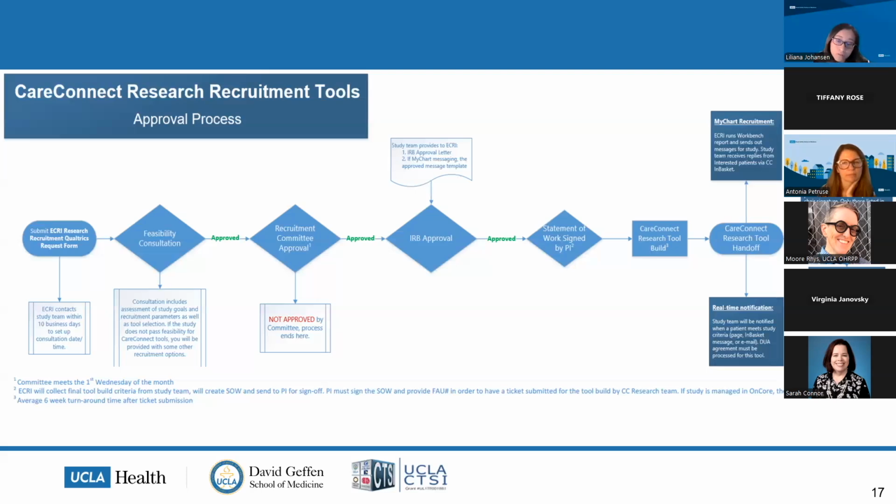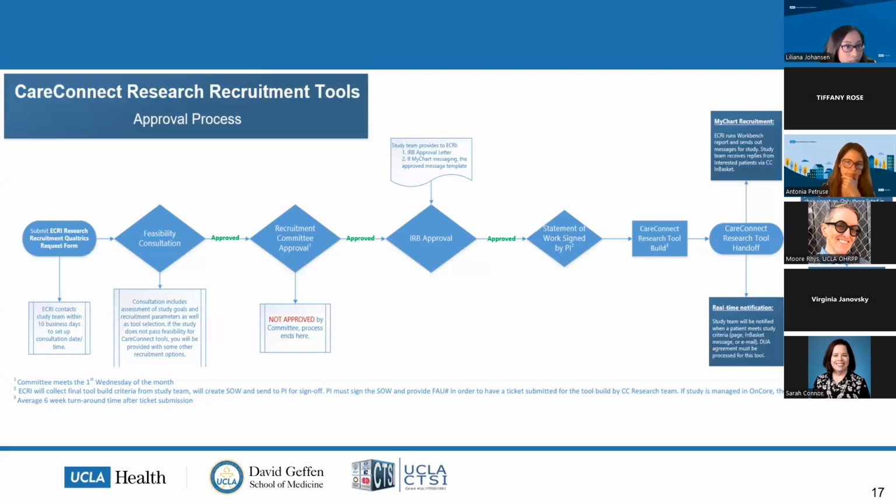And only once we've received the signed SOW along with the FAU number that can be used to invoice when everything's completed, we submit the ticket to the Care Connect research team to be able to start on your build. And then there's a 6-week turnaround time from the time we submit your ticket just due to their queue. The only one that may be up to 8 weeks is the provider-facing BPA, just because it does require a little bit more testing on the analyst end.